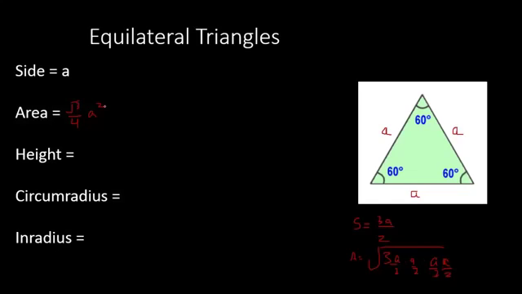Now if I equate this area to half into base, and the base is A, into the height of the equilateral triangle, which would be this height over here, the perpendicular distance, that will give me the height to be root 3 by 2 a.